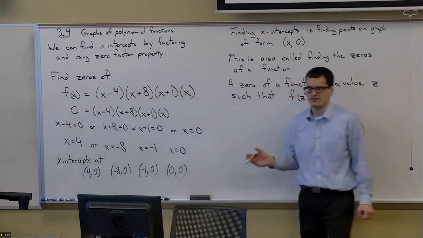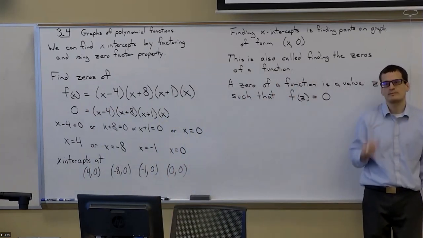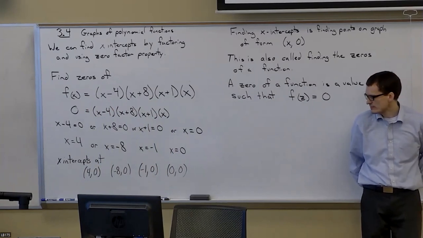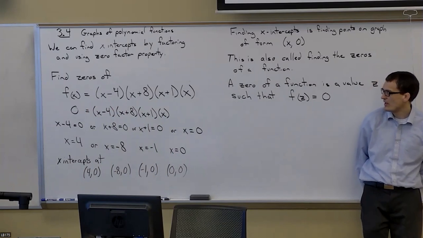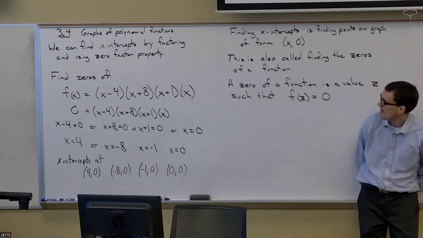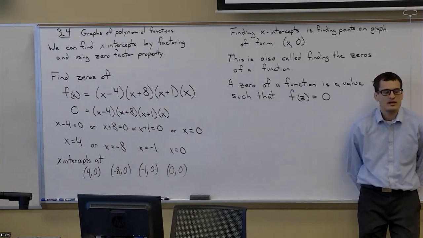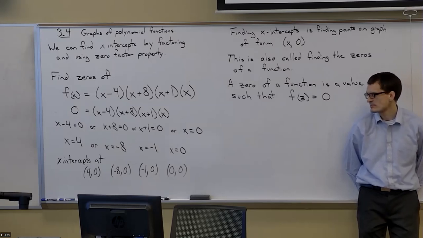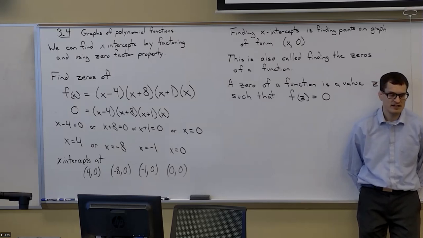So those are the x-intercepts, right? So if we can factor, then we can find the x-intercepts, or we can find the zeros by using factoring.